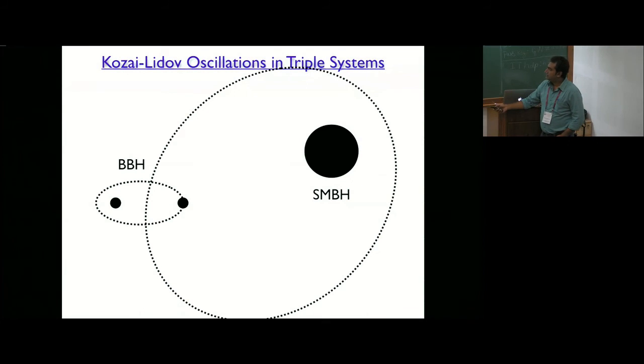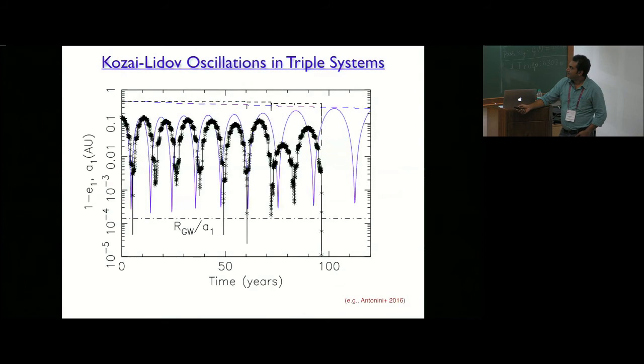But then let's imagine that this binary black hole is actually, the whole thing is actually bound to the galactic center, for example. Then there will be Kozai-Lidov oscillations. If you have never seen that, this is how it kind of looks like, depending on the initial eccentricities and inclination.